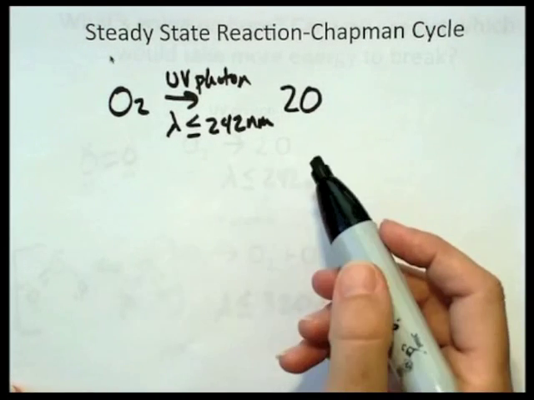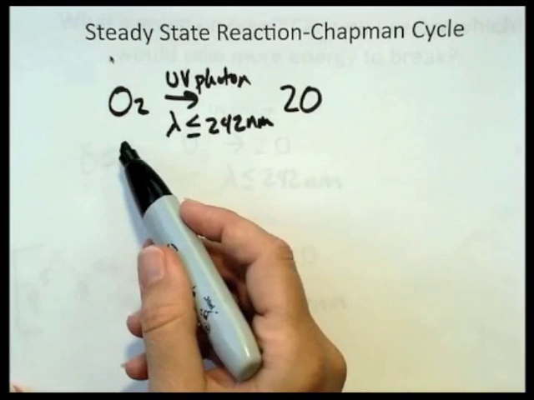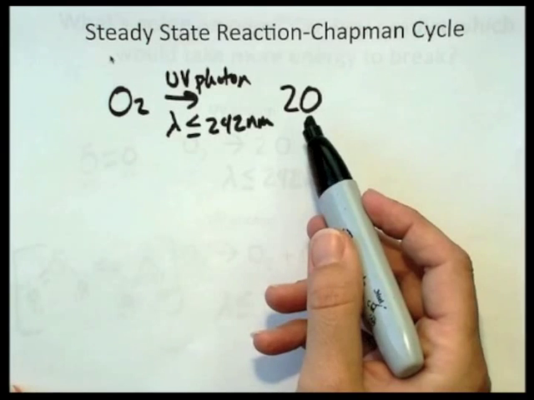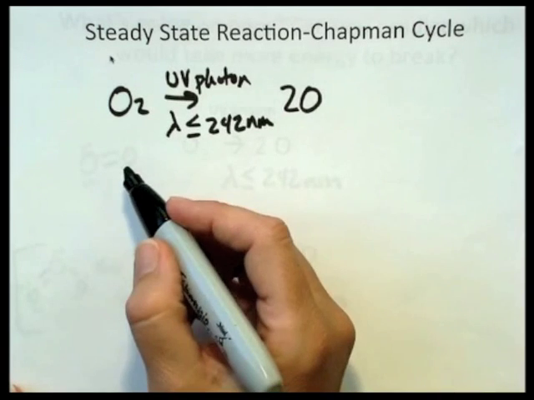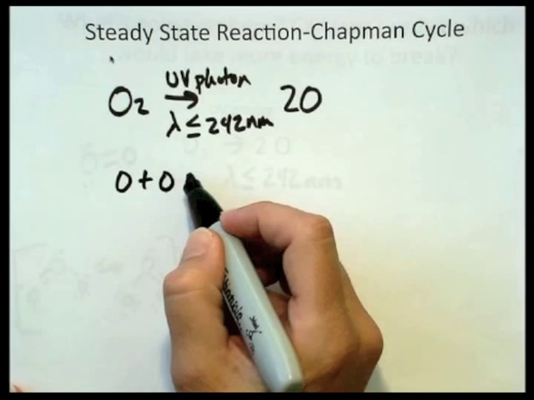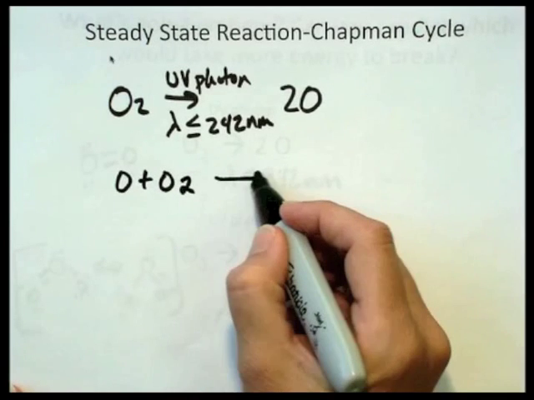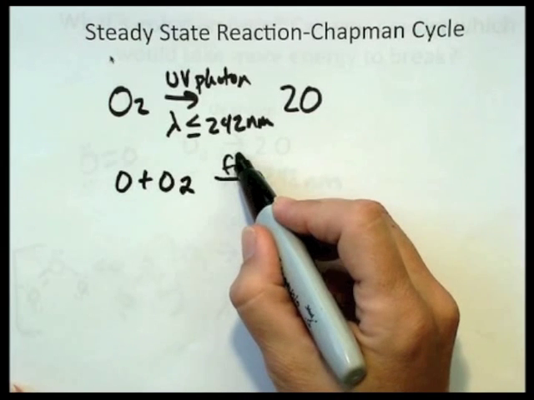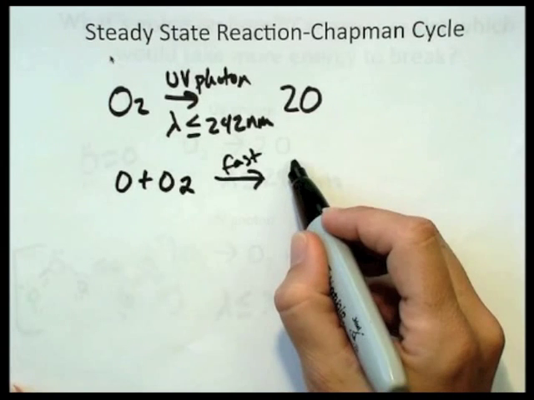Because the concentration of oxygen is pretty high, the oxygen atom is going to react with whatever it comes in contact with. And the chances of it coming in contact with yet another oxygen molecule are pretty high. So it will collide, in what we call a fast reaction, to form ozone.